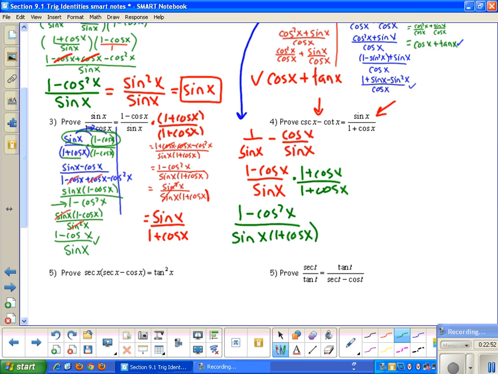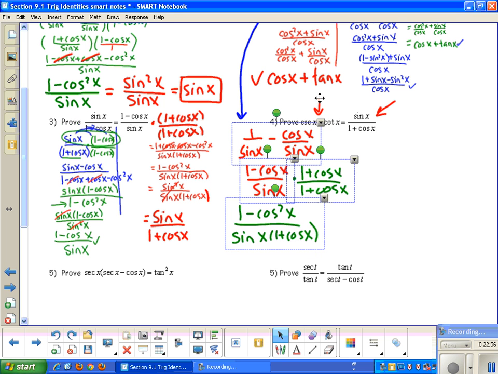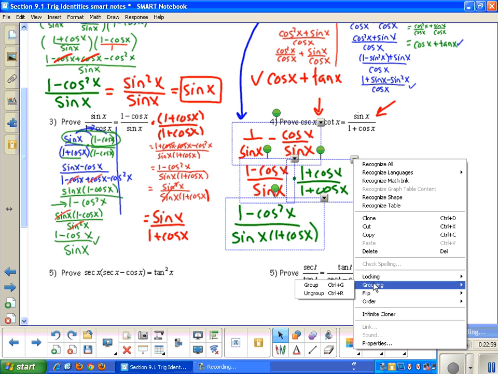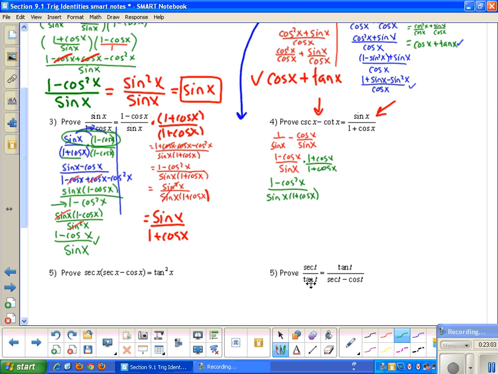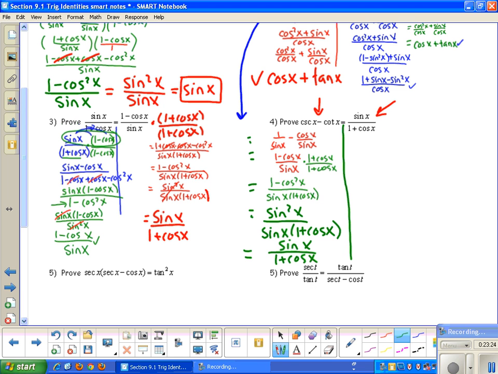And then I know by my Pythagorean identity that 1 minus cosine squared x is really equal to sine squared x, so then I can write sine squared x over sine x times 1 plus cosine x, and then one of your sines cancels out to leave you with sine x over 1 plus cosine x. So that's one way that we could solve the problem. And again, there are other ways as well.